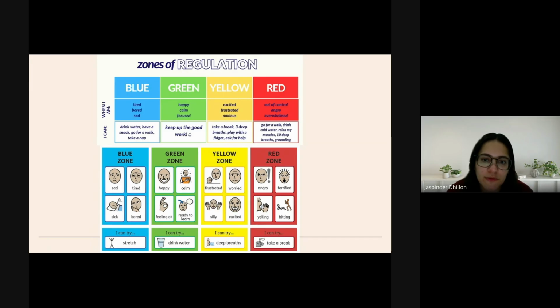So, for example, if the child is in the red zone, you could suggest, okay, maybe we could go for a walk, drink some water, or practice some deep breathing. And if they're in the blue zone, maybe they could have a snack, or if the situation required, maybe take a nap. So it really depends on the child.